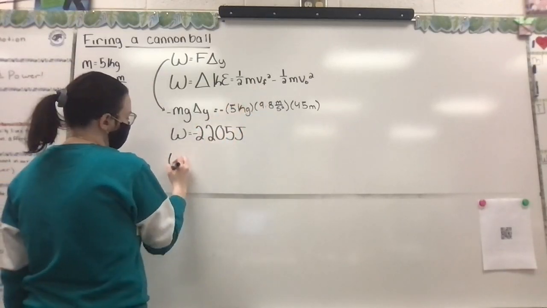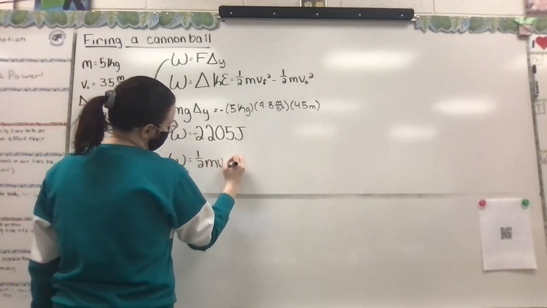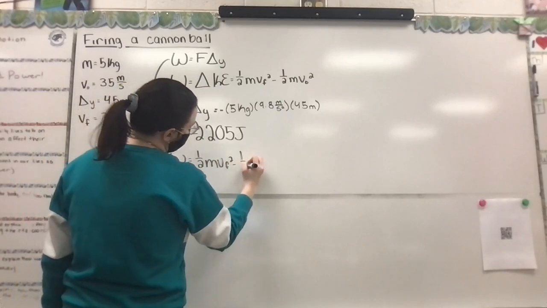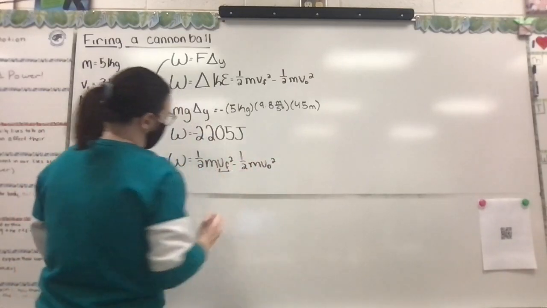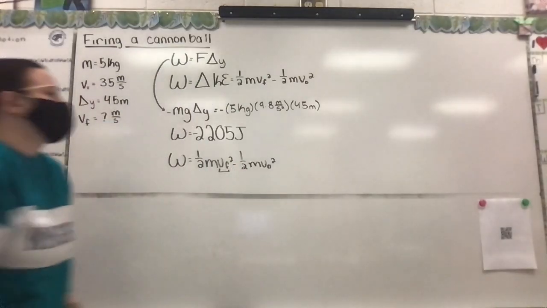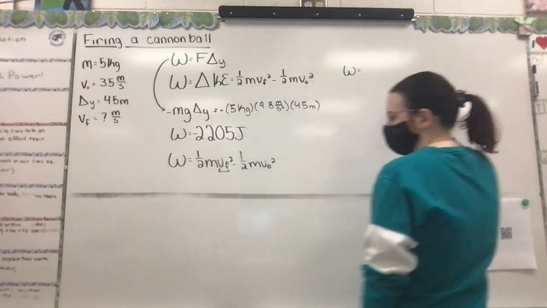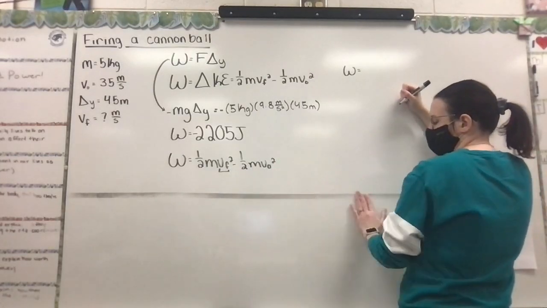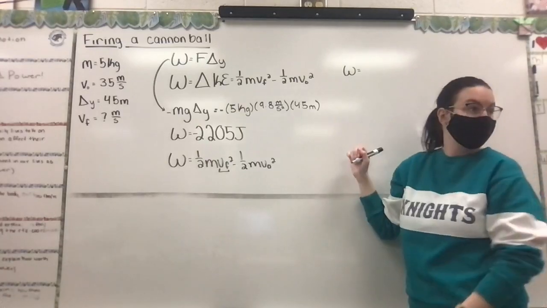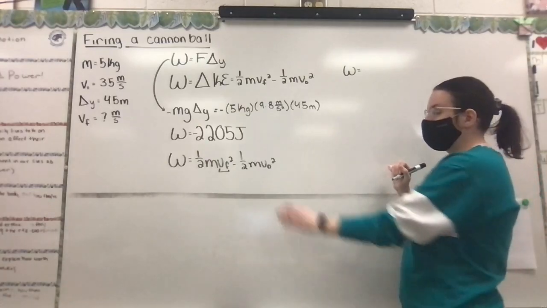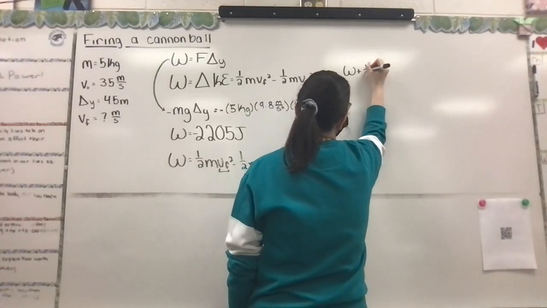So we're going to say that work is equal to 1/2 m v final squared minus 1/2 m v naught squared, and we need to rearrange for that final velocity. So what are we going to do? What do we move? Add the thing that needs to be added, 1/2 m v naught squared, to both sides.